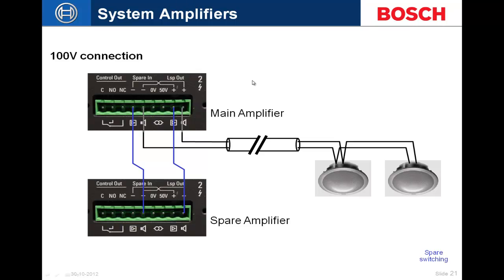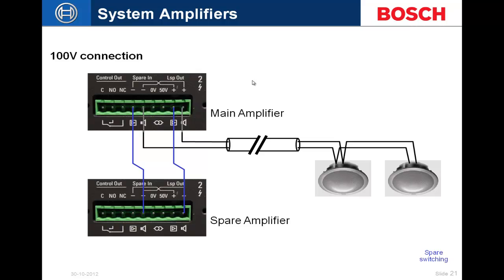What happens is when an amplifier fails in some kind of way that it can no longer reproduce sound, the spare in is automatically relay connected over to the loudspeaker out of the failed amplifier. What also happens is all of the audio that is normally routed to that main amplifier is automatically rerouted to the output of the spare amplifier.